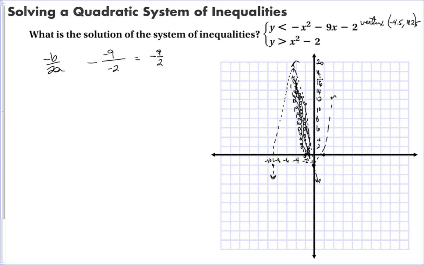Every number in that shaded area will solve both of those inequalities, so that is the solution to that system of inequalities. All you do is graph your two inequalities, put in your shading, and where your two shadings overlap is the solution set to your system of inequalities.